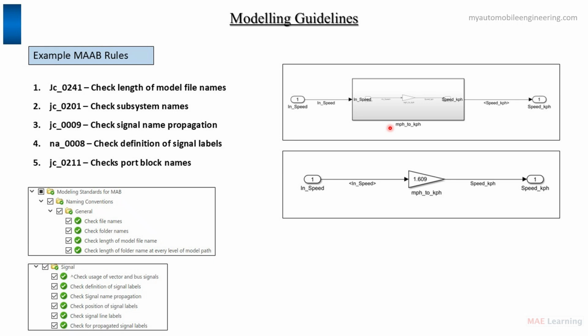There are also tools in Simulink which check these rules for you and give you the correct answer, as we already discussed in the MAAB guideline. Now I think this is clear. Just practice using these rules in every project, and your model will always be clean, easy to use, and ready for teamwork.